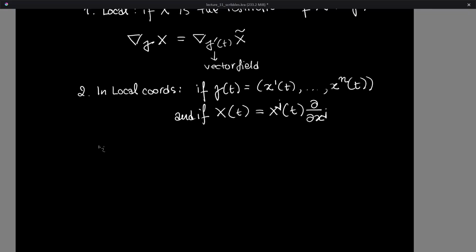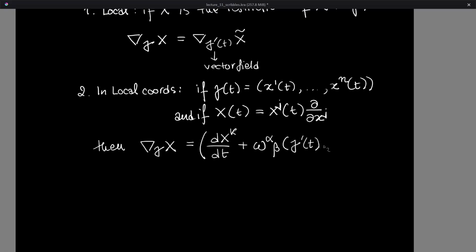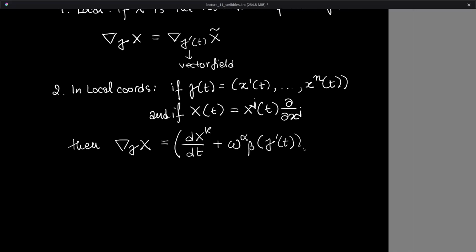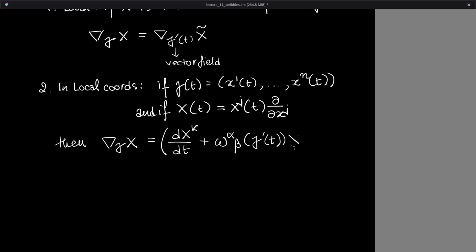So then the coordinate expansion should look like this: nabla gamma of x is equal to dxk dt plus the connection form omega alpha beta of gamma prime of t. Remember, it's a vector field, so it can go in the slot for the connection form, multiplied by x beta dxj dt. Oh, this should be k.